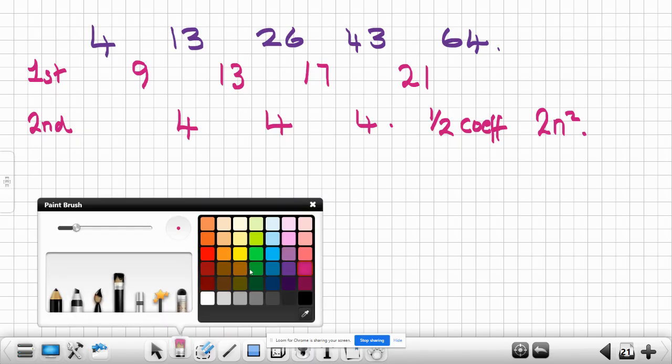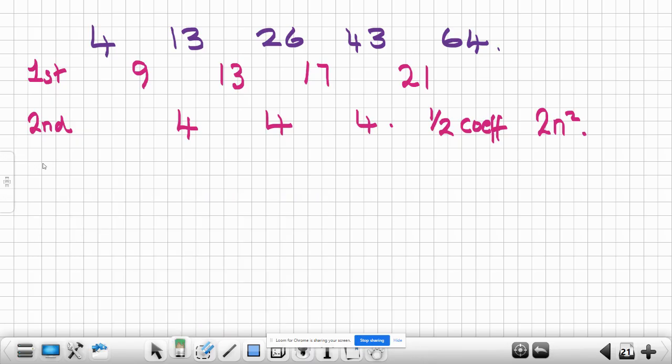Let's change colour. And I'm going to write what 2n squared would be. So you should be getting really good at these by now. If you know your square numbers are 1, 4, 9, 16, 25, then double that is going to be, instead of 1, we get 2.